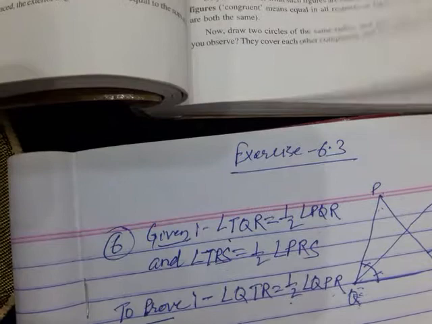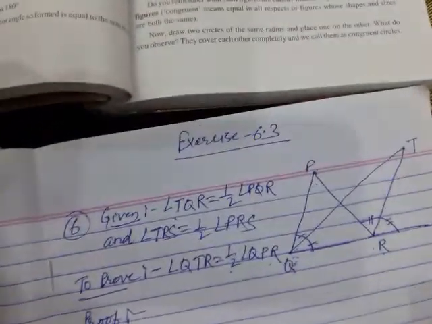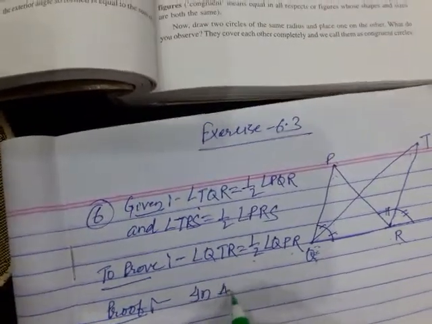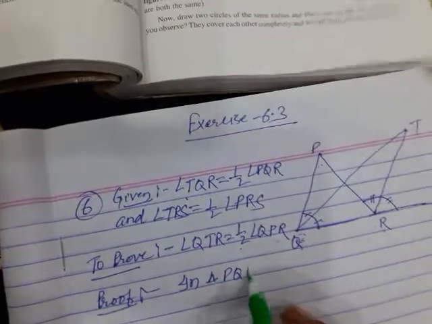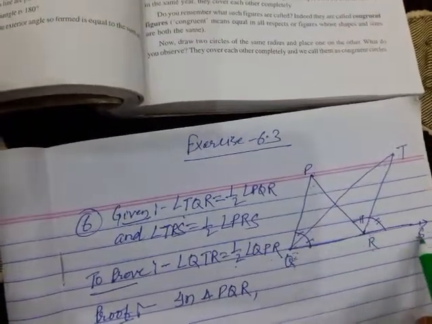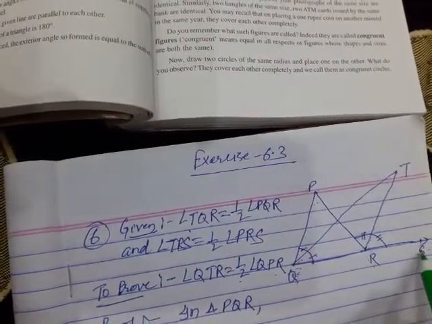Proof. How to prove? Children, now here in triangle PQR, let us see PRS. In triangle PQR, PRS is an exterior angle.